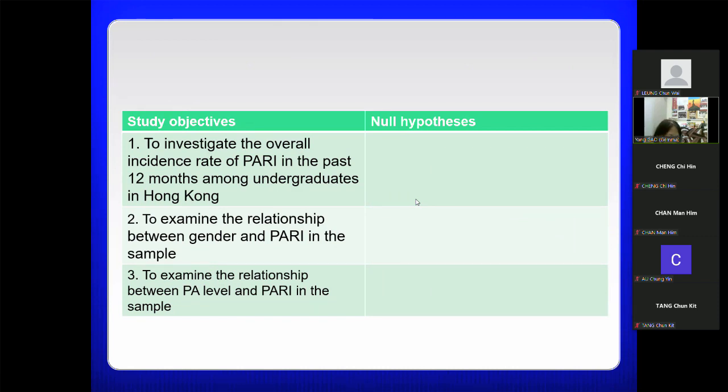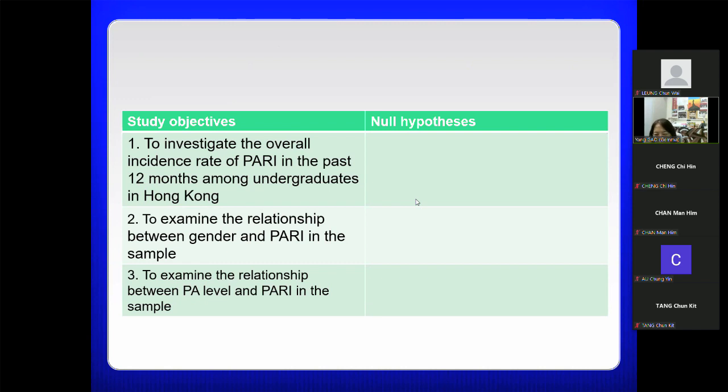Due to the limited time, we may do the exercise together. The first objective is to investigate the overall incidence rates of this specific exercise-related injury in this time period among this population.